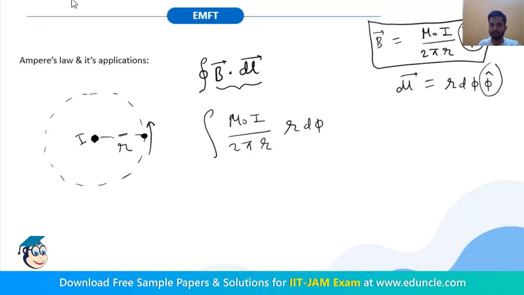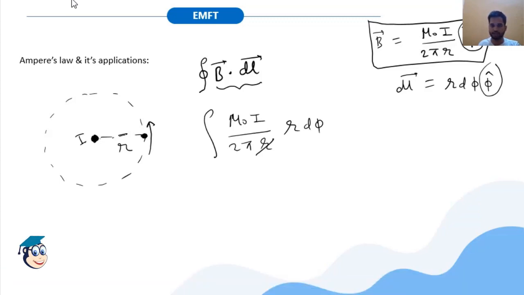You have to take a closed line integral, not an ordinary integral, and for a closed loop, phi varies from 0 to 2 pi. After solving this, you get mu naught I over 2 pi, and the integral of d phi from 0 to 2 pi is again 2 pi. So this 2 pi cancels and you get mu naught times I.